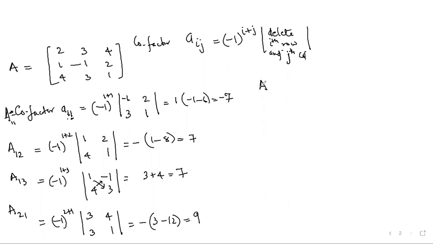Then calculate A22. Minus 1 raised to 4. Delete the row and column. 2, 4, 4, 1. 2 minus 16.